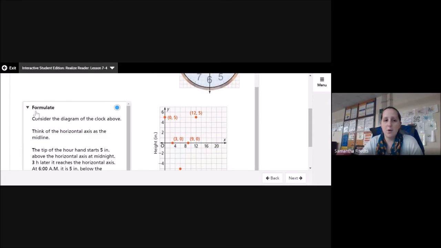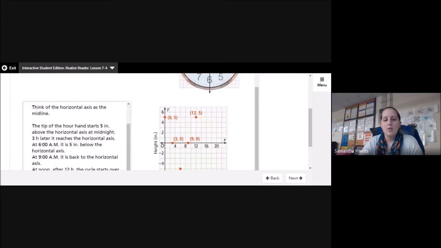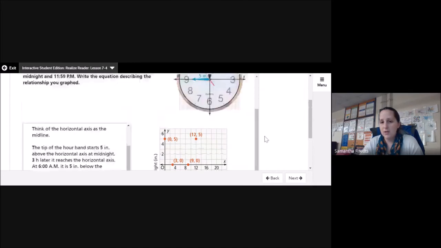So first we want to formulate. Consider the diagram of the clock above. Think of the horizontal axis as the midline. The tip of the hour hand starts 5 inches above the horizontal axis at midnight. So here it is at midnight, at 0 hours, so (0, 5). 3 hours later, it reaches the horizontal axis at 3 a.m. So here's the horizontal.